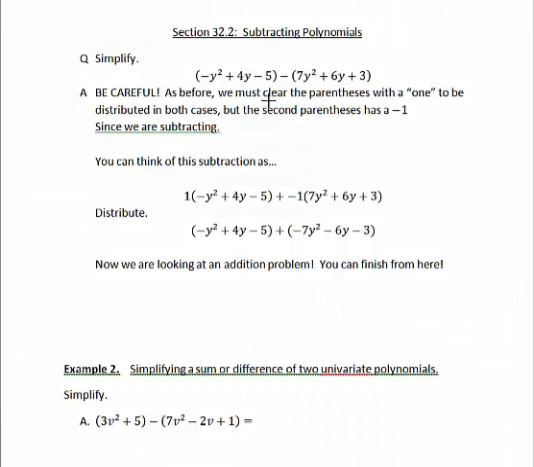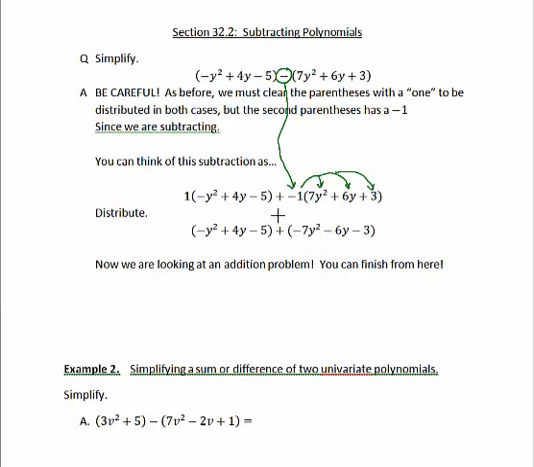When subtracting polynomials, you have to treat the negative sign differently. What we do is we treat it as if the subtraction symbol were a negative 1 that needed to be distributed throughout that set of parentheses.